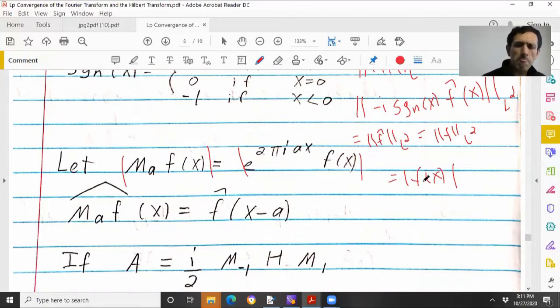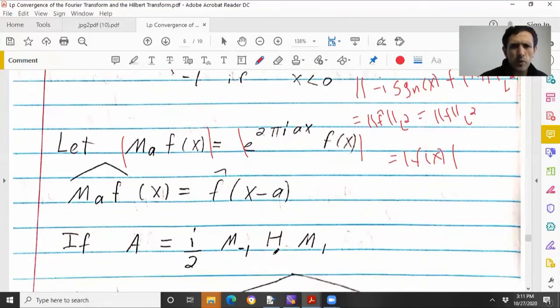So this operator here is certainly an isometry on L2 because of this fact right here. We have just three isometries on L2.